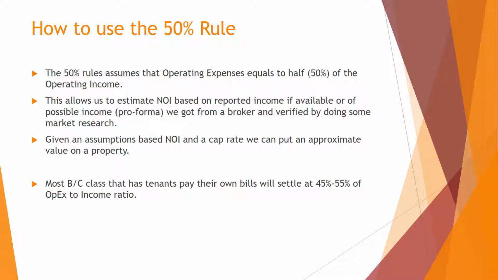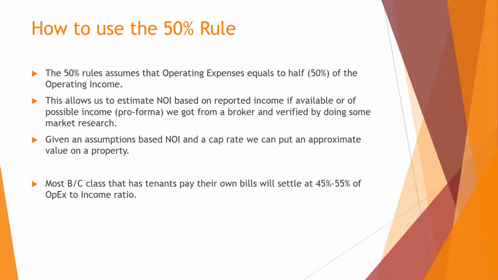So we can take some assumptions into place and apply the 50% rule to calculate the NOI. Given the NOI based on our assumption, then we know the cap rate in the area, and if you don't know, just work with any commercial brokerage in the area and they can help you get that number, and then you get an approximated property value.